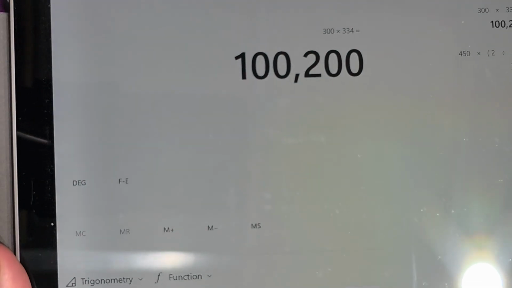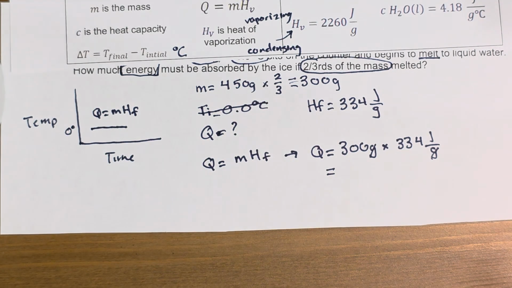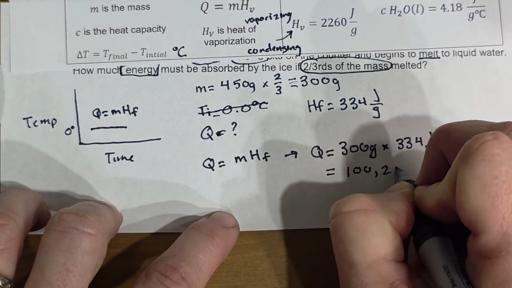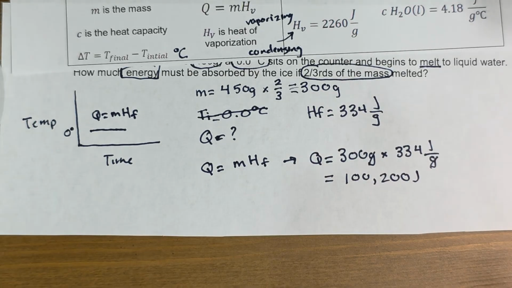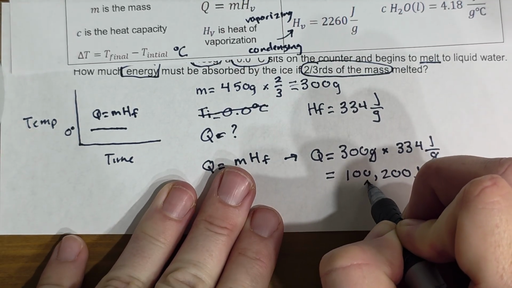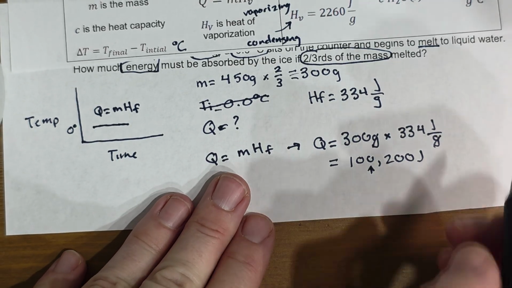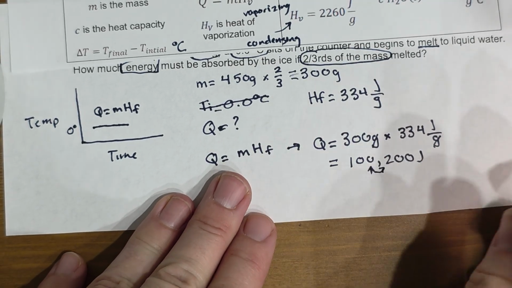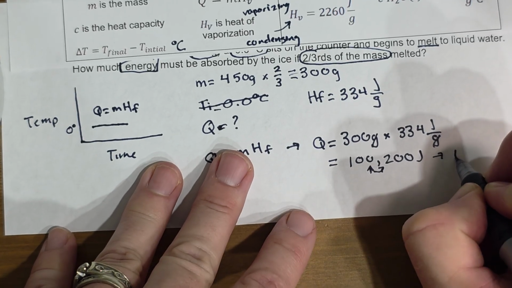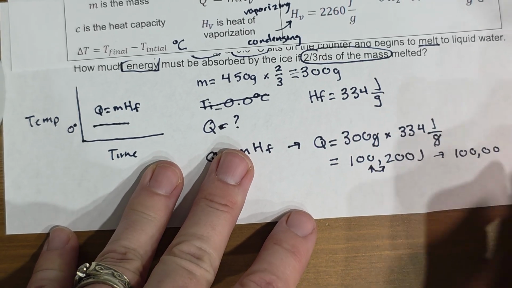I get 100,200 joules. Now I only want this to be 3 sig figs, and this is in my 3rd sig fig position, and next door is a 2. So I'd be tempted to go 100,000.